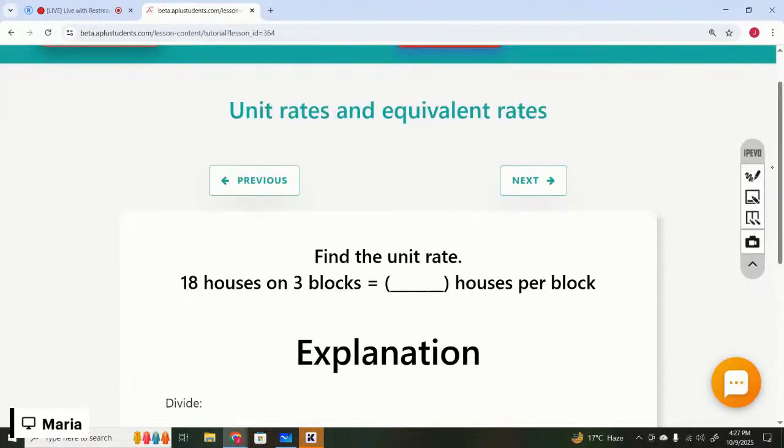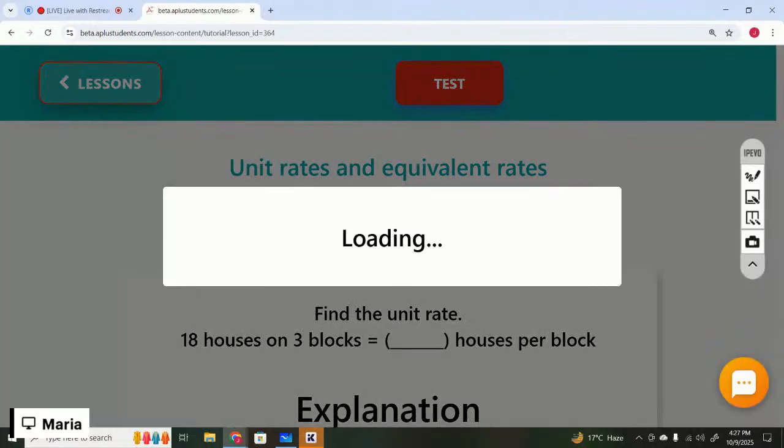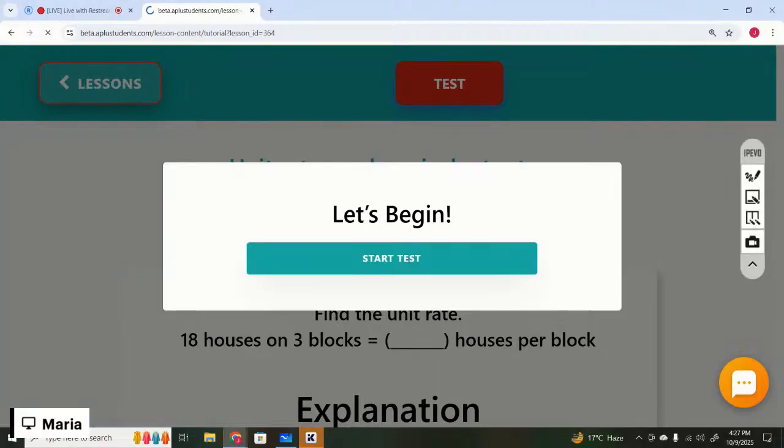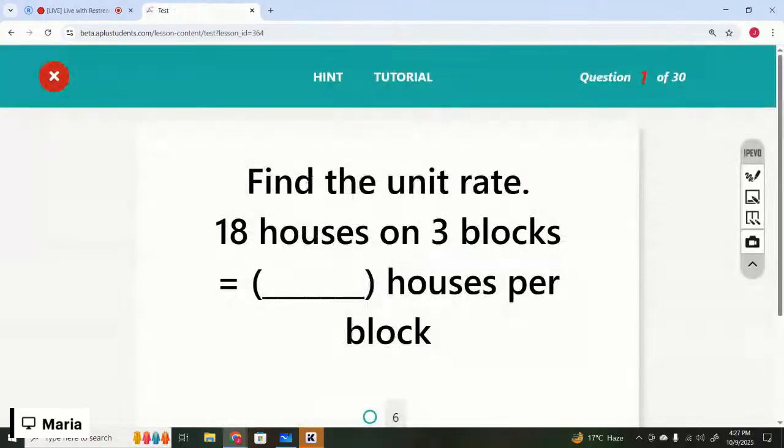Let's just start with the test questions. Find the unit rate, 18 houses on 3 blocks.